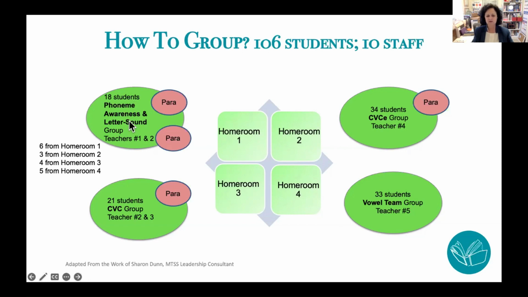And then you can see that the groups where students are not quite so challenged in learning these skills are larger and have fewer adults working with them. This is the part of the grade level planning and school level planning that is required in MTSS.